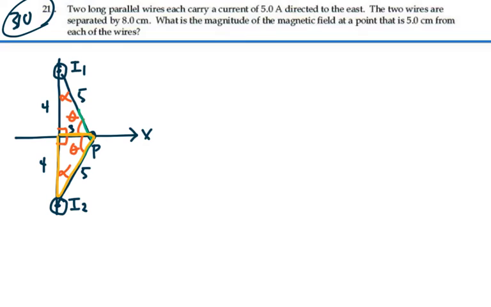Alright, the magnetic field due to each of these wires will be the same because we have the same currents and the same distances. And that's going to be equal to mu naught I over 2 pi r for an infinitely long wire. Mu naught is 4 pi times 10 to the minus 7.